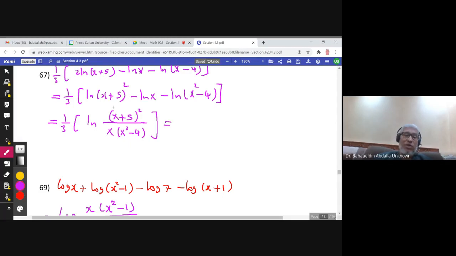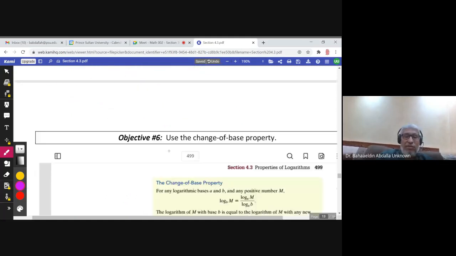I put it as a power of all of this. It would be ln, of course, if you remember, 1 over 3 is the cube root, so it would be the cube root of x plus 5 to the power 2 over x times x squared minus 4. This is one way to write the answer. This is the final answer.